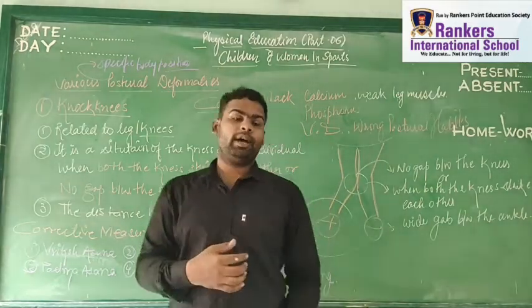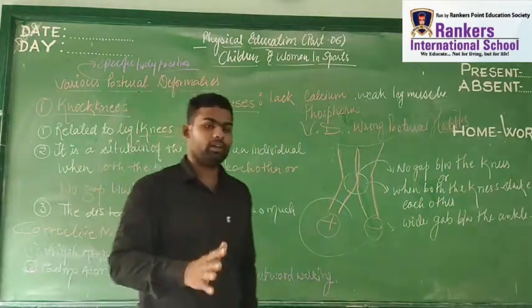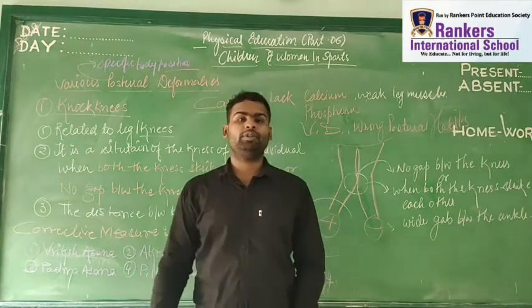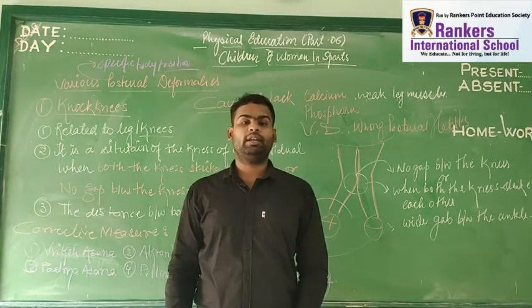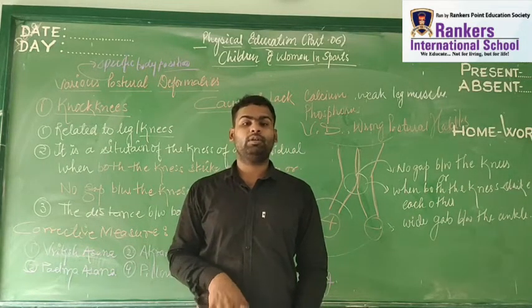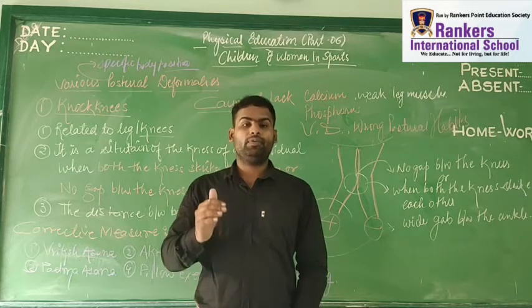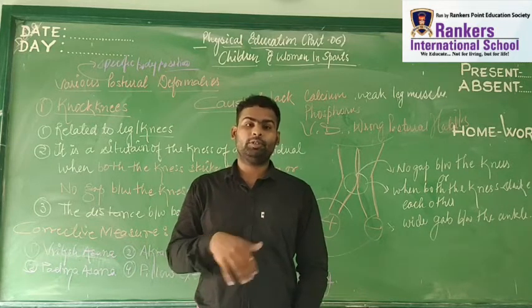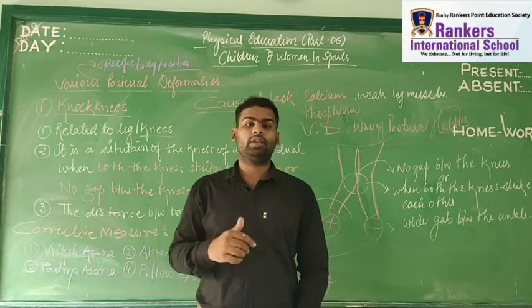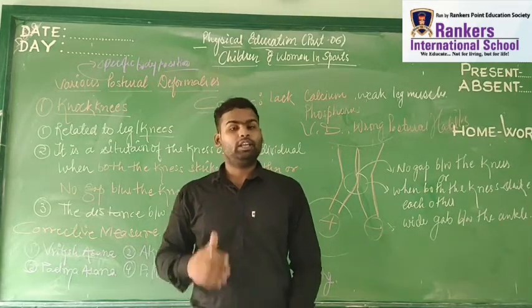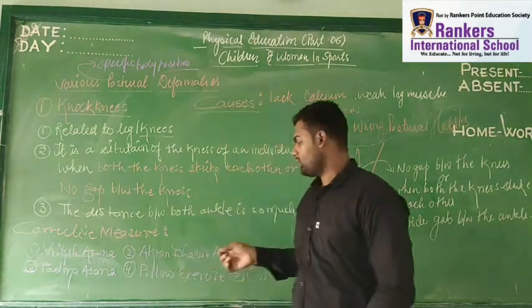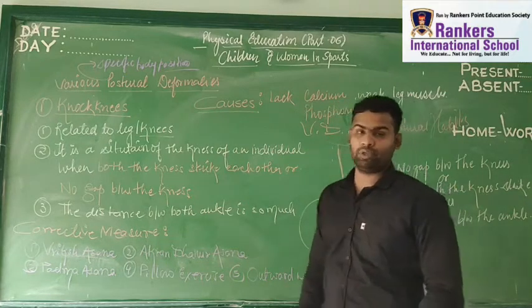If someone has this kind of problem, just stand in front of the mirror with both legs straight. If you feel your ankles have a greater distance between them and your knees strike when you walk, then you can perform these asanas as a curative measure.